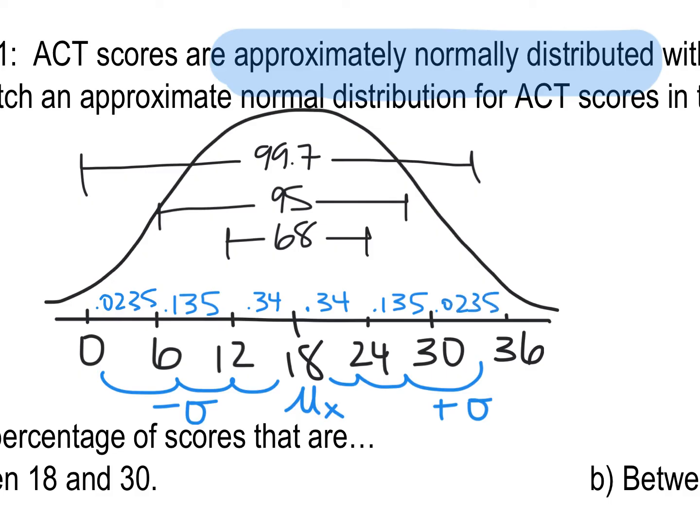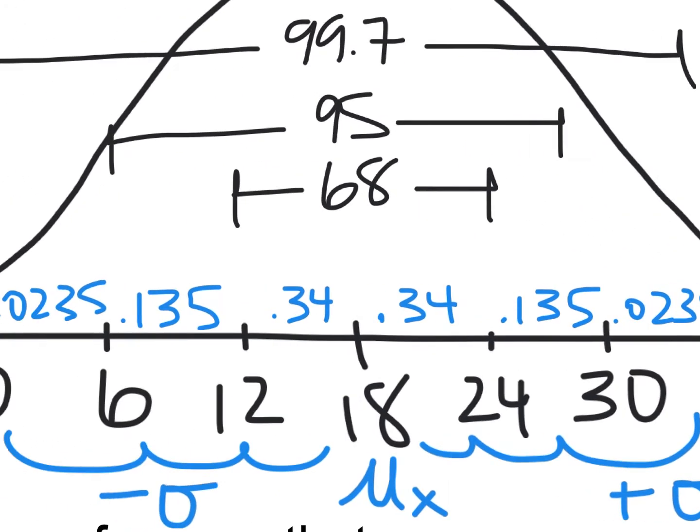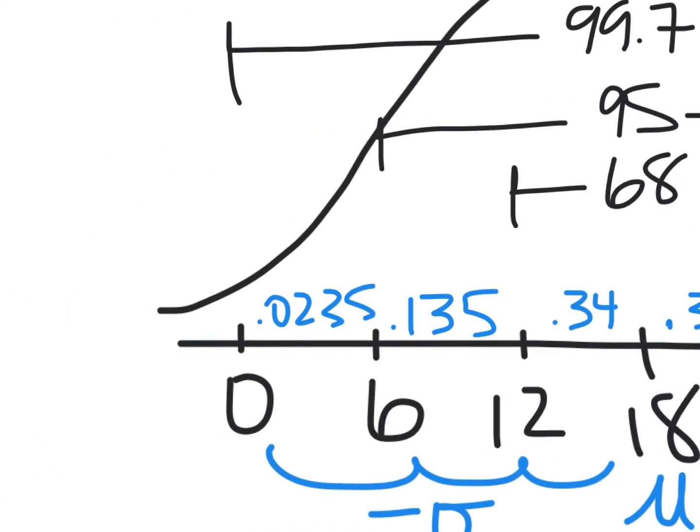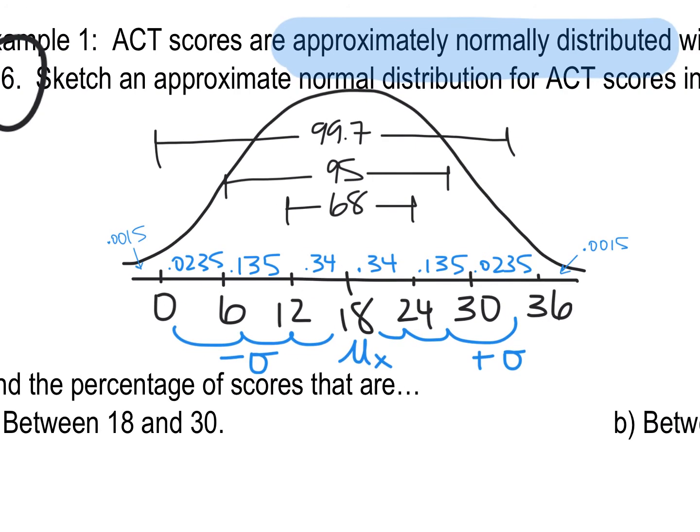And then last thing is you take the 100% of the entire bell curve and subtract 99.7 and divide that by 2, and that gives you the very, very tiny percentage that goes on each of these tails, 0.0015, which is 0.15%. Okay, so it's going to be helpful maybe so that it's just faster for you to label the graph to memorize these numbers, but if you forget, you remember the 68, 95, 99.7, you can mathematically compute them.